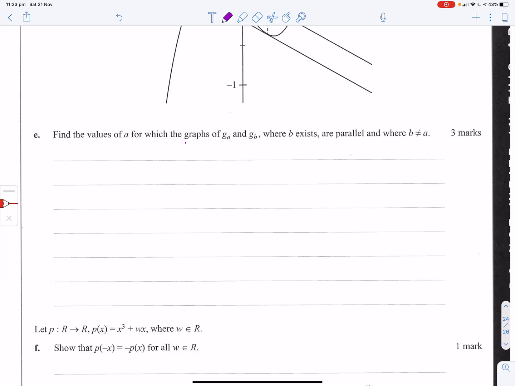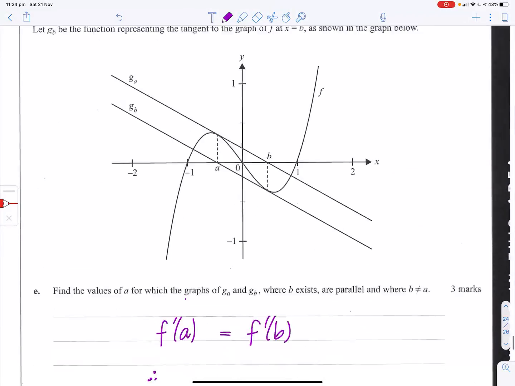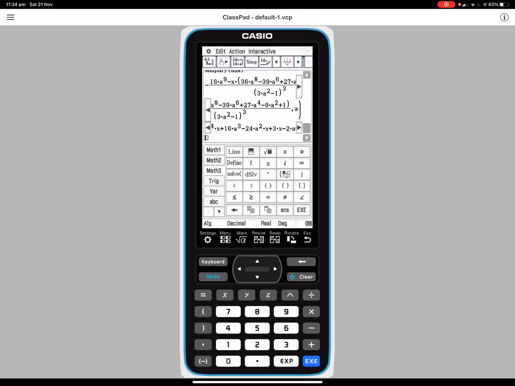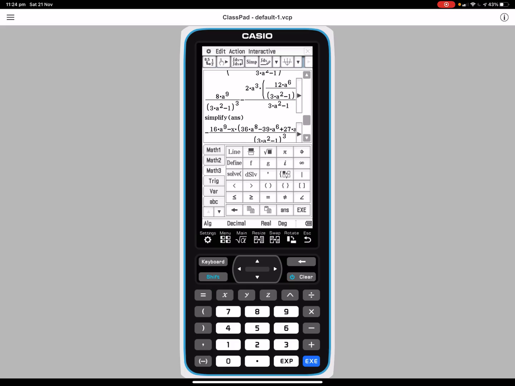Okay, so we can say f dash of A is equal to f dash of B. Therefore, have we found f dash of A? 3a squared minus 1. f dash of B of f of x given x equals, where'd that value go?